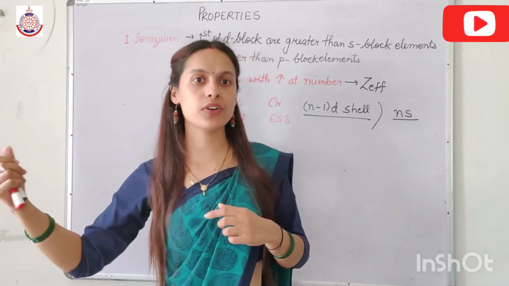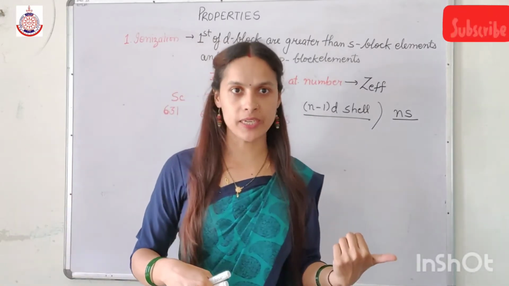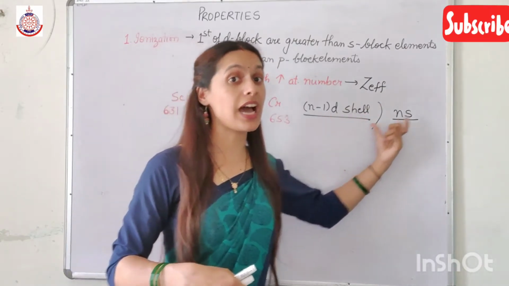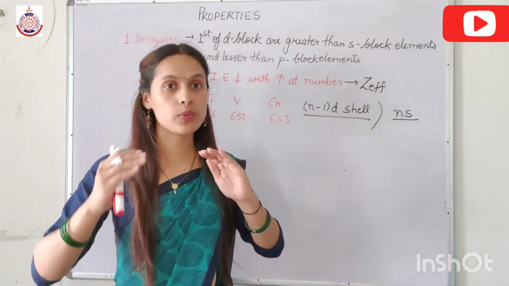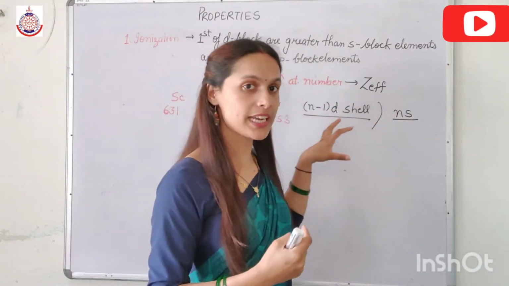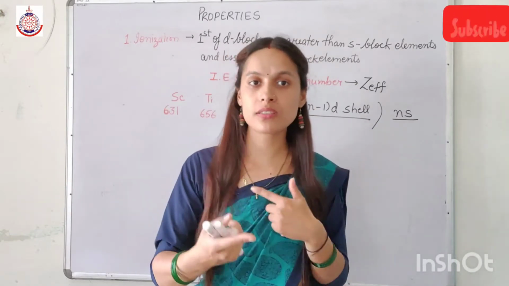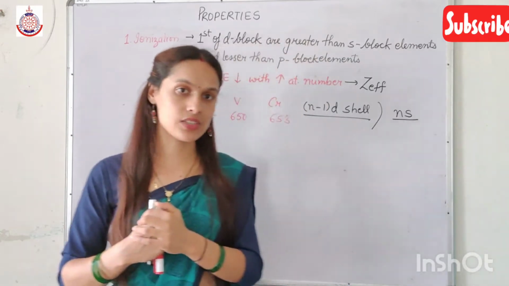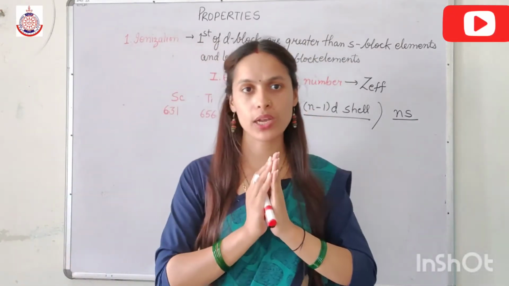It means if 4s is the valence shell, 3d will be the penultimate shell. तो यहाँ इलेक्ट्रॉन penultimate shell में आ रहा है which shields the outermost electron. That's why there is an opposition between the shielding effect of d electrons and the increased nuclear charge, and due to this opposition there is a very little variation in the ionization enthalpy, but we don't get this opposition in the S and the P block elements.